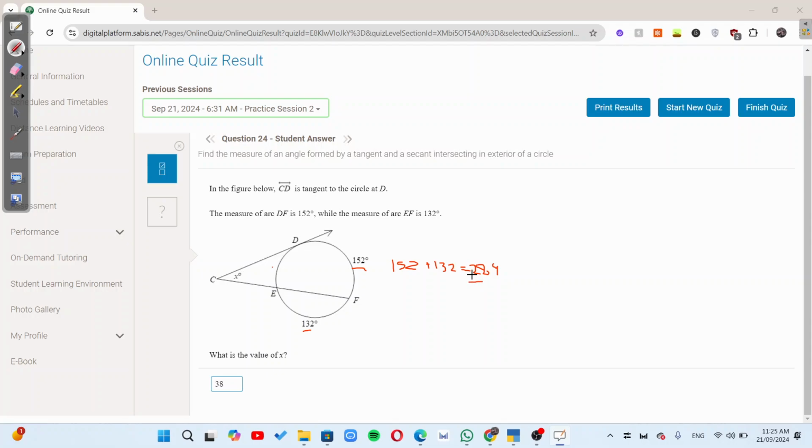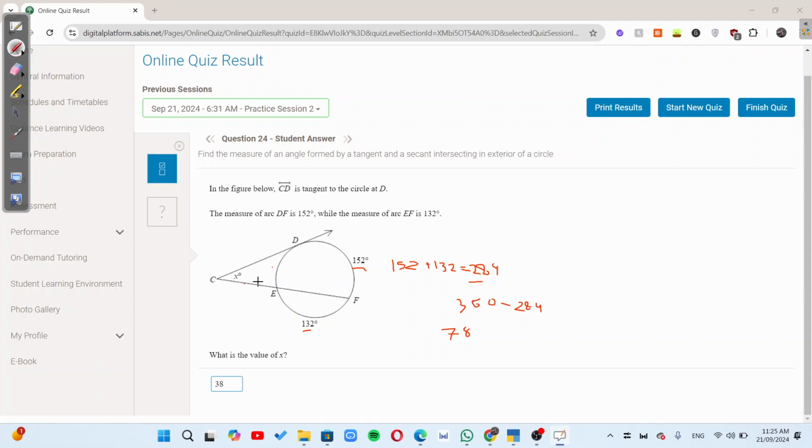So 284, now subtract it from 360. So 360 minus 284 is 76.